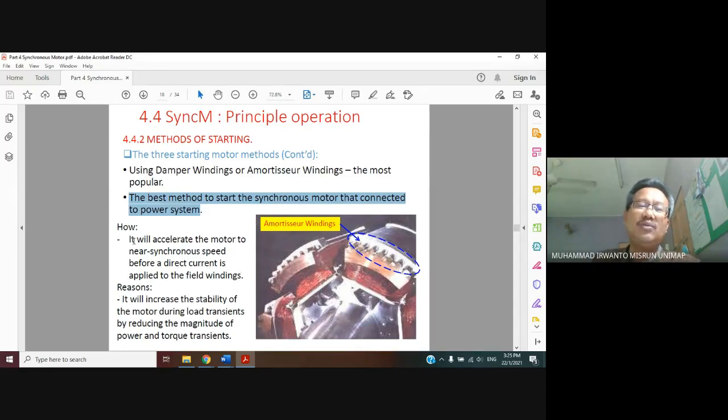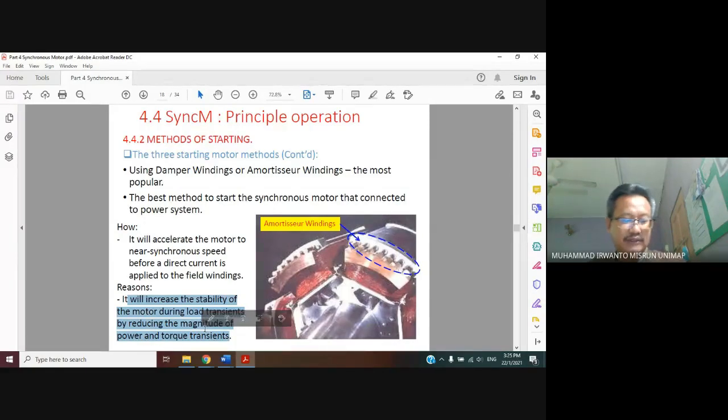It will accelerate the motor to near synchronous speed before direct current is applied to the field winding. This is the main function of the bar here. It also increases the stability of the motor during load transient by reducing the magnetic power and torque transient.